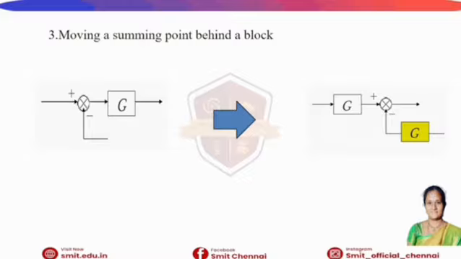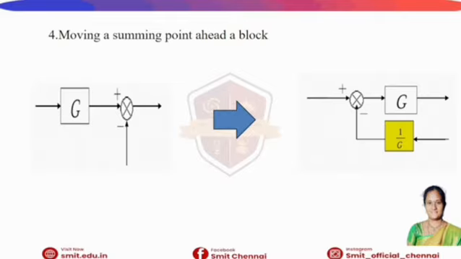Third point, moving a summing point behind a block. While moving, we must multiply or divide by the block transfer function to maintain system equivalence. Moving a summing point ahead of a block also means we must multiply or divide by the block transfer function to maintain system equivalence.